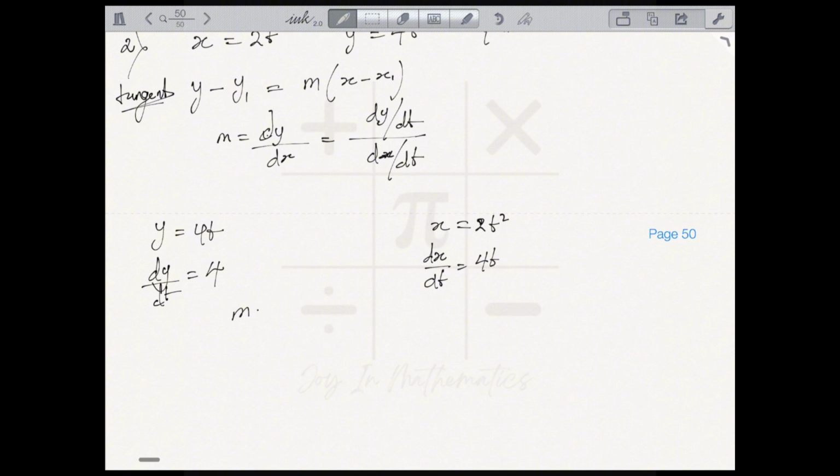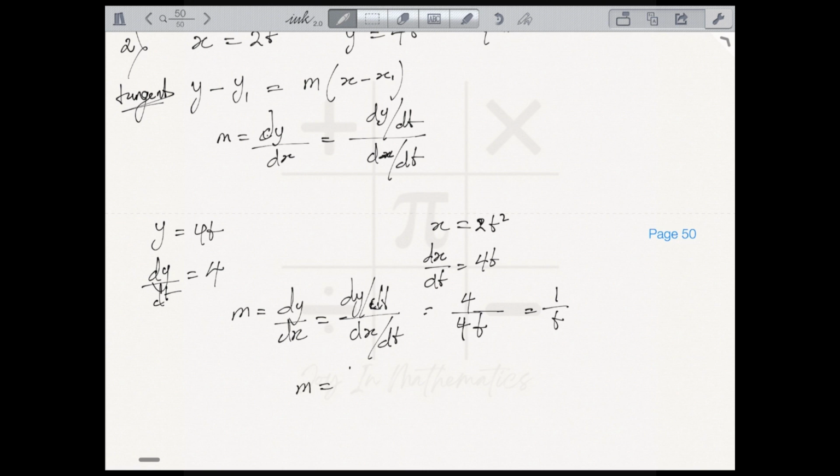Therefore, our m, which is dy/dx, is equal to dy/dt divided by dx/dt, and that will give us 4 divided by 4t, which is equal to 1 over t. So our m is 1 over t.